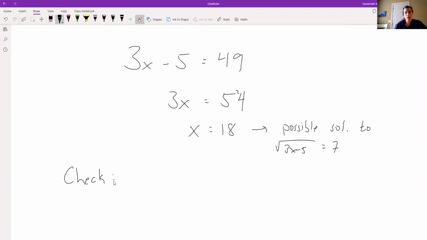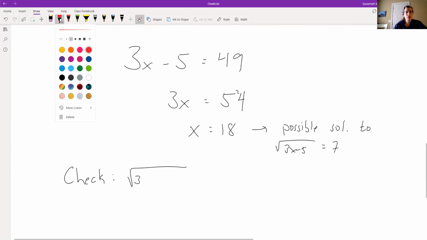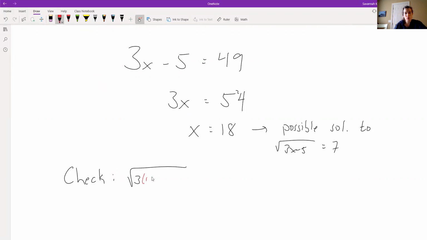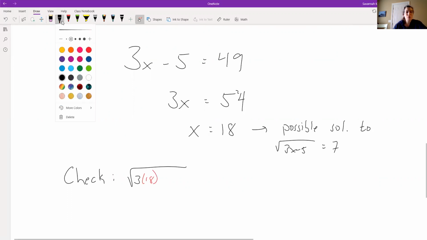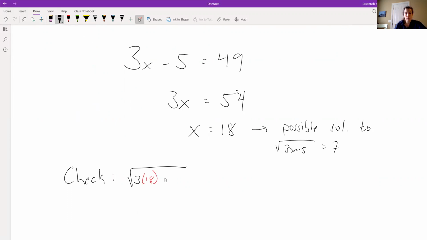So we rewrite the original equation, whatever came off the pages of the book, and instead of 3 times x, we're going to have 3 times 18. And we want to know, does that come out equal to 7?